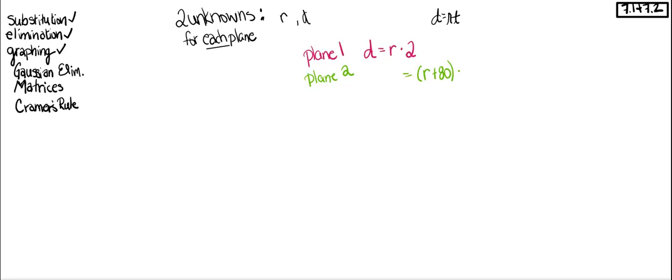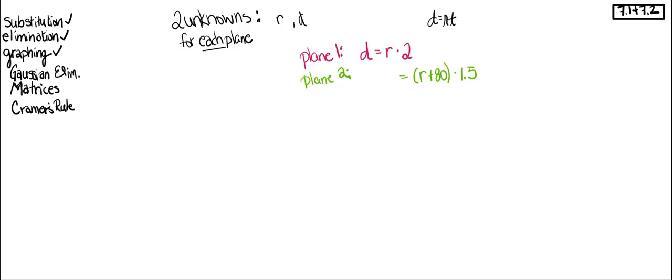So half an hour off of 2 hours is 1.5 hours. So it flew for 1.5 hours. Now, the distance between the two is 3,200 kilometers. So to find how far the second plane has gone, it's just 3,200 minus the distance that the first plane has gone.